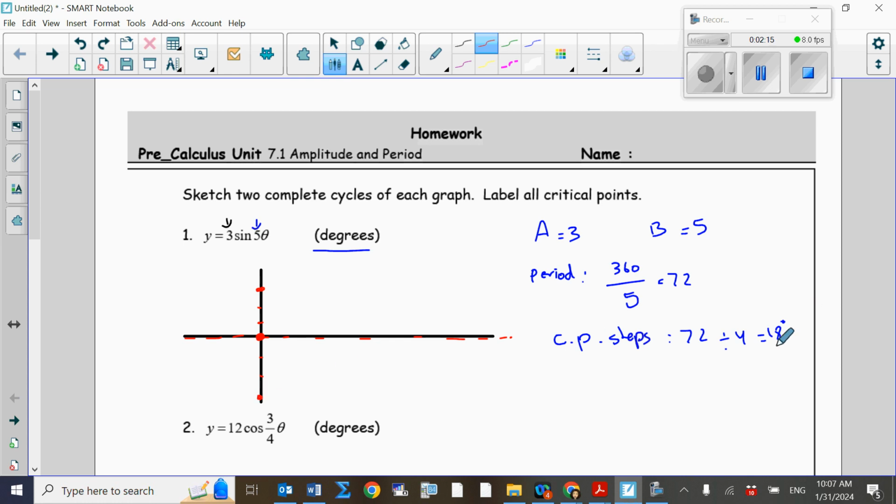So the distance between the critical points is 18. We're going to start from here, 0, 18. Next number is 18 plus 18, which is 36. Next one is 36 plus 18, 54.